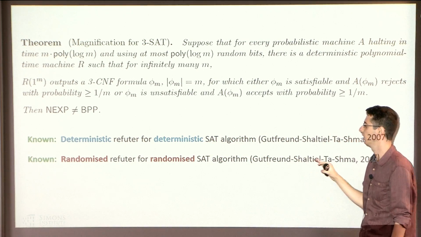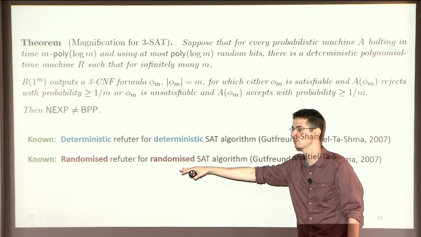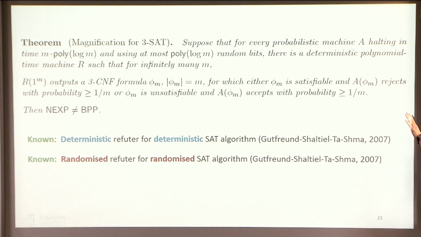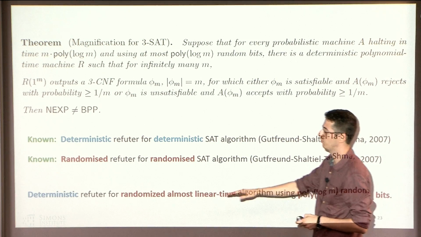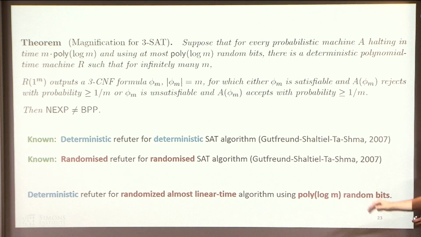And if you had a randomized SAT algorithm, we can build a randomized refuter. The reason this theorem doesn't imply EXP is different from BPP is that we need a deterministic polynomial time refuter for randomized algorithms running in almost linear time with just polylogarithmically many random bits.